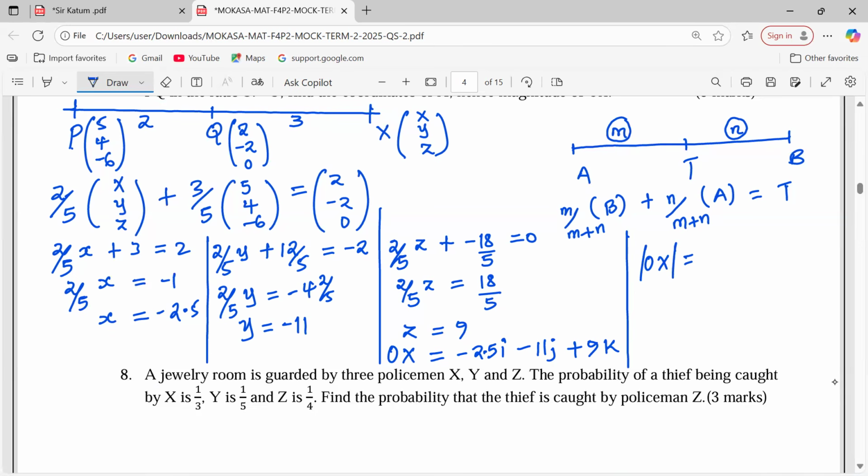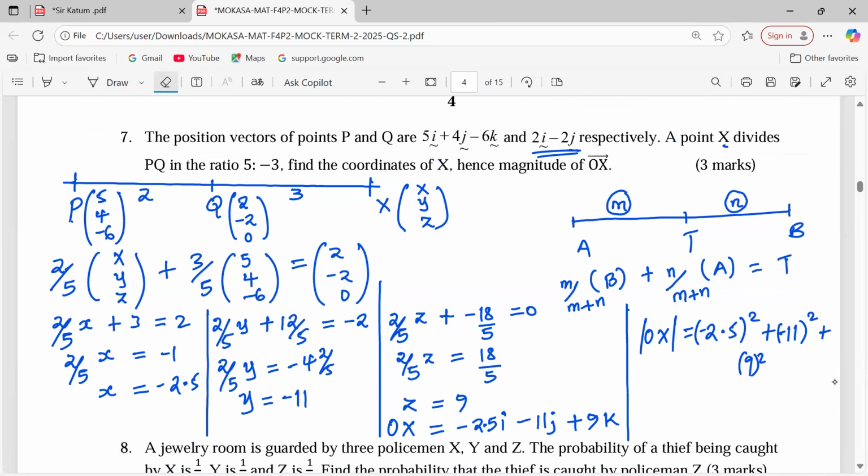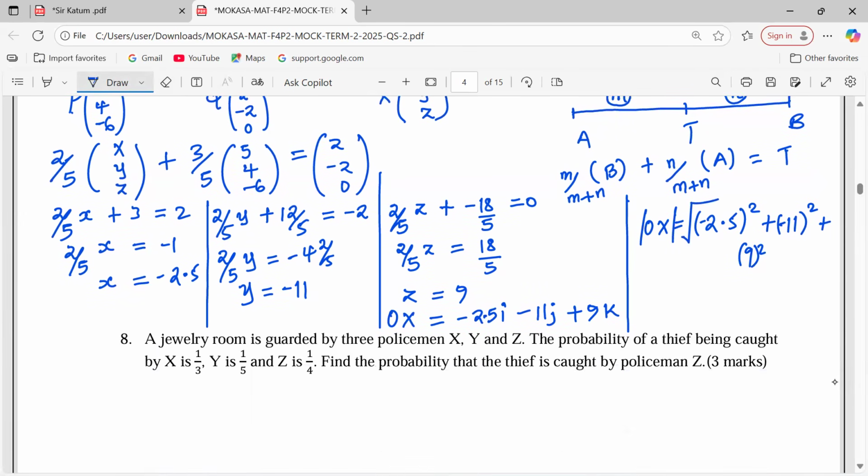We should pick x, which is 2.5, negative, we square, plus 11, which is also negative, we square. Then there is 9, we also square. And we take the square root of everything at the end of it all.